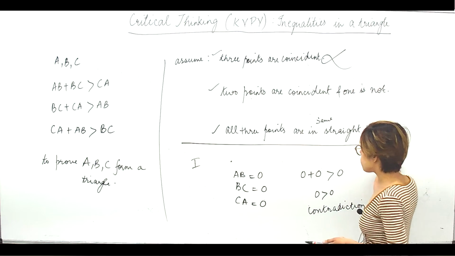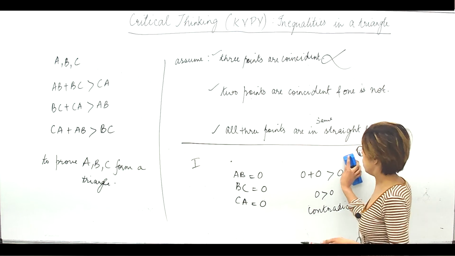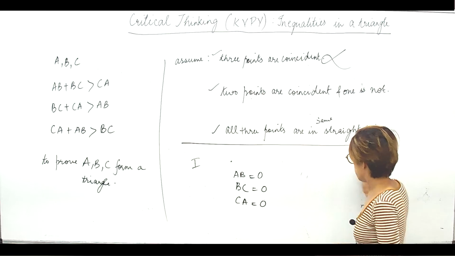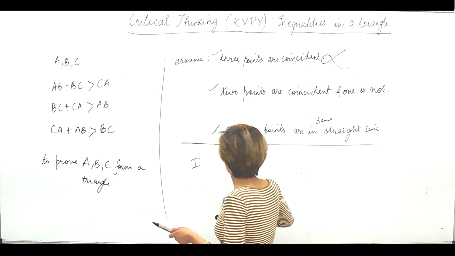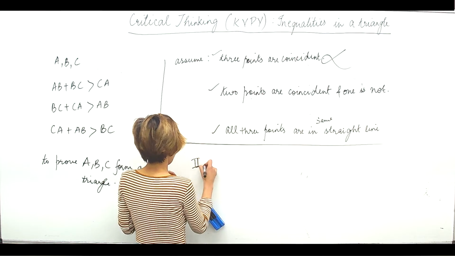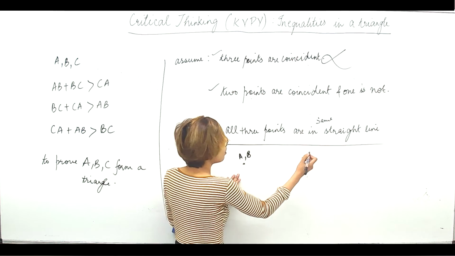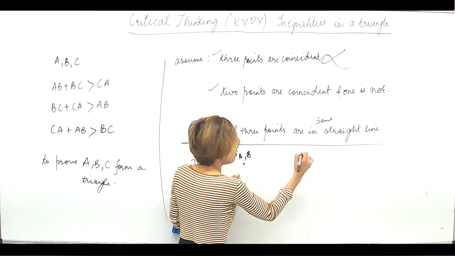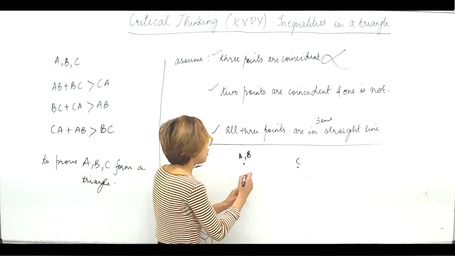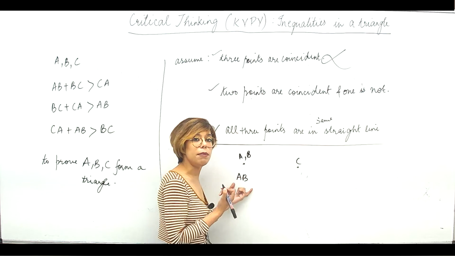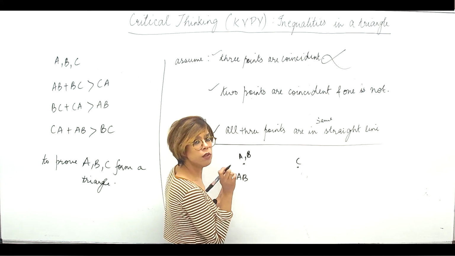Now, let's move on to the second one. 2 points are coincident. So suppose A is here, B is also here, and C is not coincident, so let me take C over here. Again, let me talk about AB. AB, obviously it will be 0.